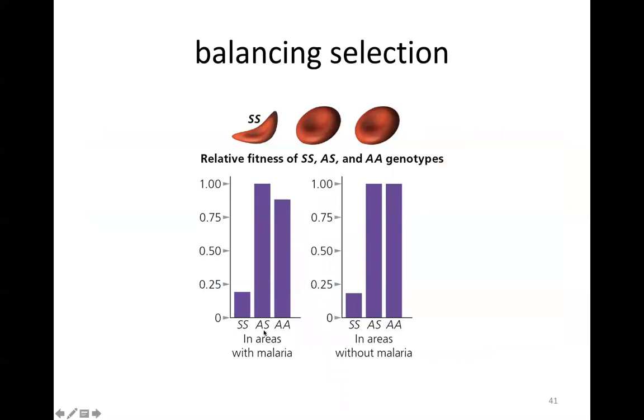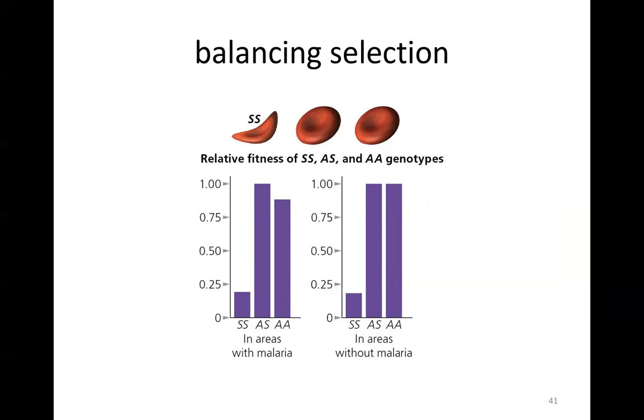Indeed, in areas of malaria, individuals who are heterozygous have higher fitness. They don't show the sickle cell phenotype. The red blood cells are more or less normal, but still slightly abnormal. I forgot the name of the parasite.